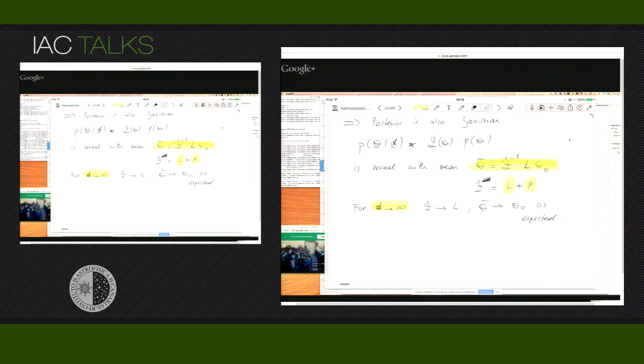That means that L, being the inverse of that, is going to be much larger than P in this metric sense. So for a large number of data points, the posterior Fisher matrix F tends to the likelihood Fisher matrix, which is this statement here. And then this term here becomes unity, it becomes the identity matrix. And therefore, the posterior mean tends to the maximum likelihood value, as you'd expect.